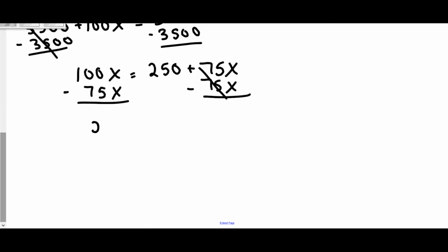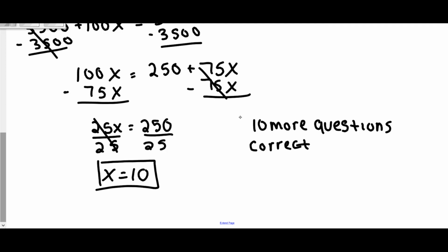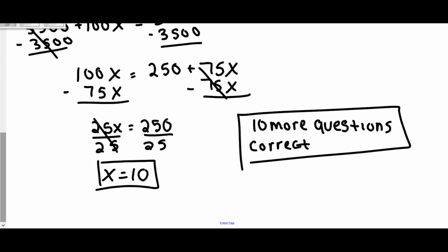And you're left with 25x equals 250. Divide by 25, divide by 25, and you get x equals 10. So you would have to answer 10 more questions correct in a row to get a success rate of 75%.